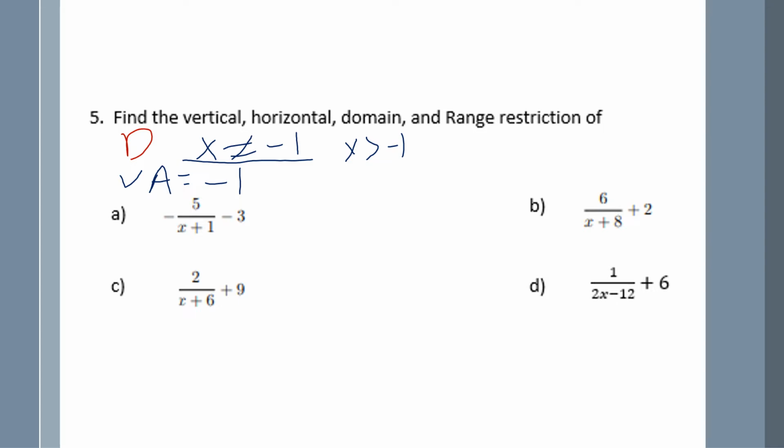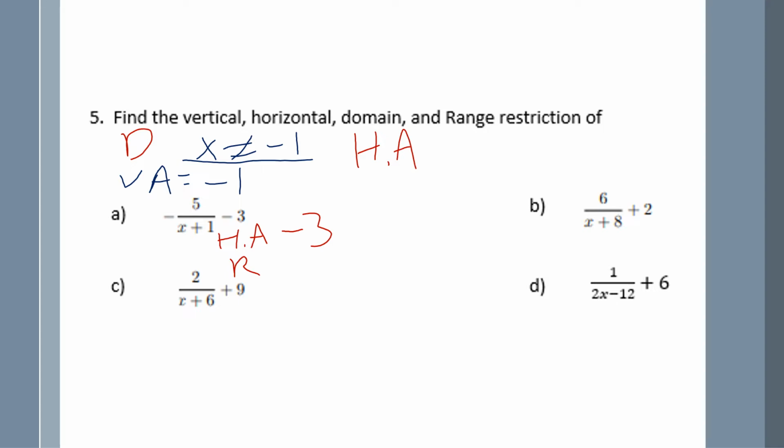So what about my range? Well, what about my horizontal asymptote? My HA is -3. Don't make this mistake. When I say R for range, you say positive 3? No, no, no, no, no. The horizontal asymptote is not one of those things that becomes different at all.